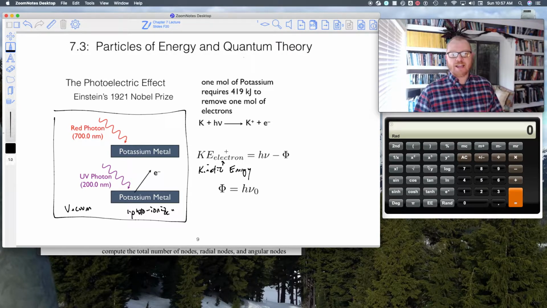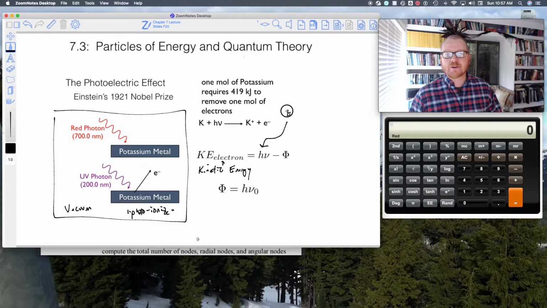Okay, and so this all equals h times nu, and we remember that h times nu is energy, and this is specifically the energy of the photon, and I'll write another note that says that's the incident photon. So here is my incident photon.